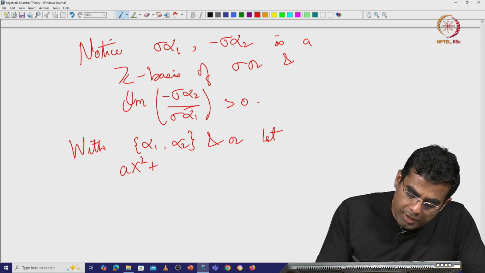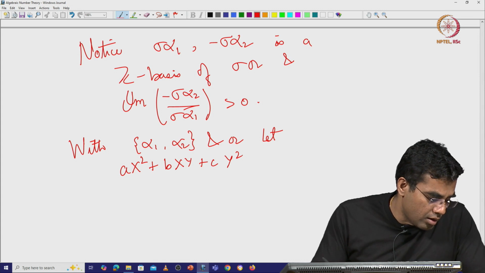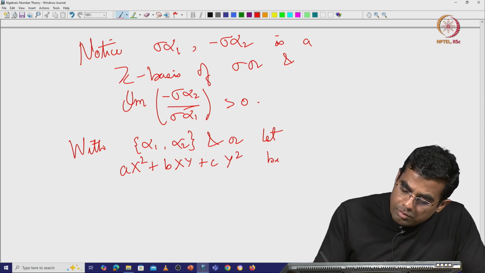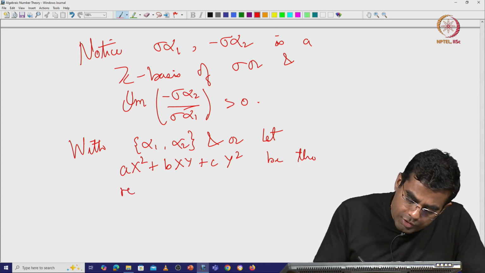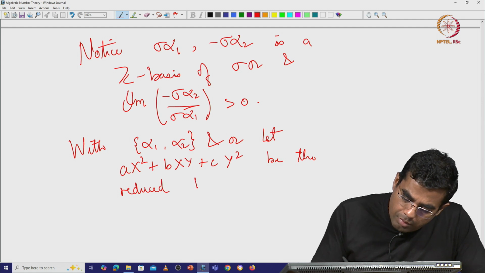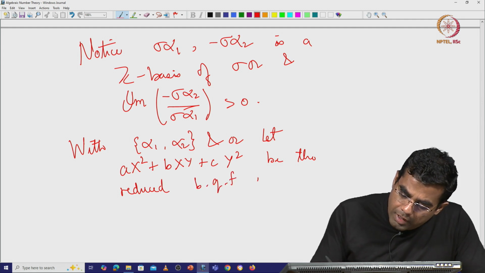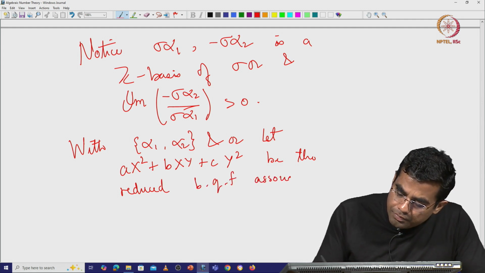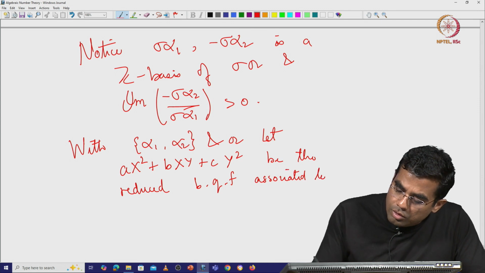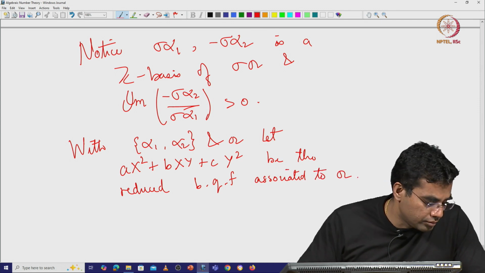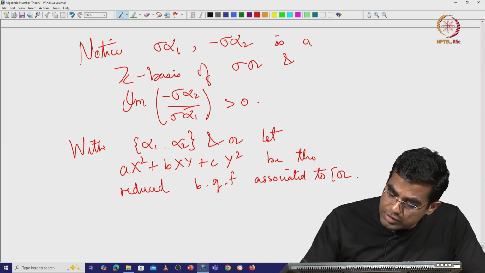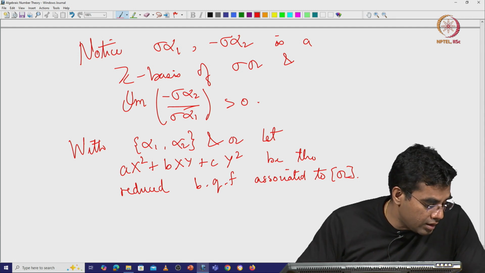ax squared plus bxy plus cy squared be the reduced binary quadratic form associated to A, to this class of A. Let me write it this way.